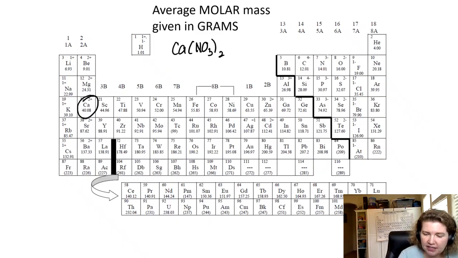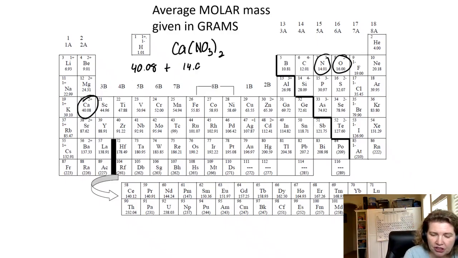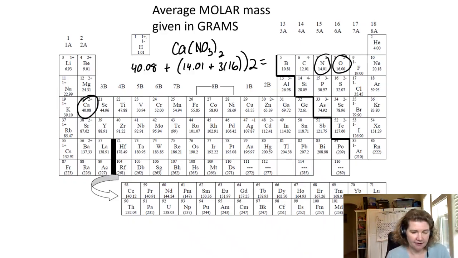So to get the molar mass, it's 40.08 plus nitrogen, 14.01, plus 3 oxygens, and then I have to multiply that whole thing by 2. I get 164.1.